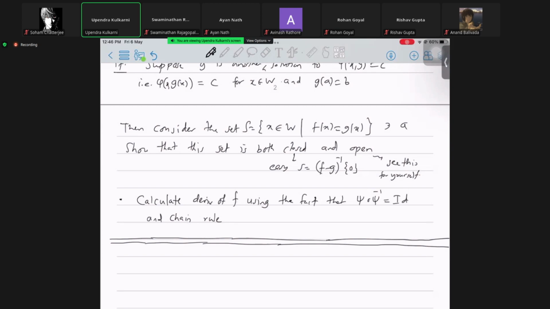So let us see complex differentiation. And really the only thing effectively that we are going to prove is the Cauchy-Riemann conditions.